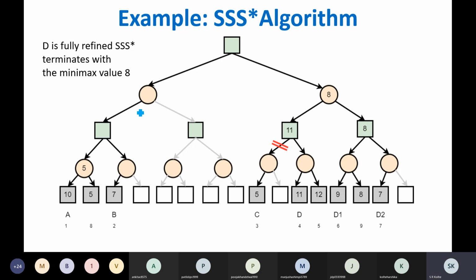Three clusters are there. Cluster A upper bound is 5. Cluster B upper bound is 7. Right? This is 7. Cluster D upper bound is 8. So 5, 7 and 8.